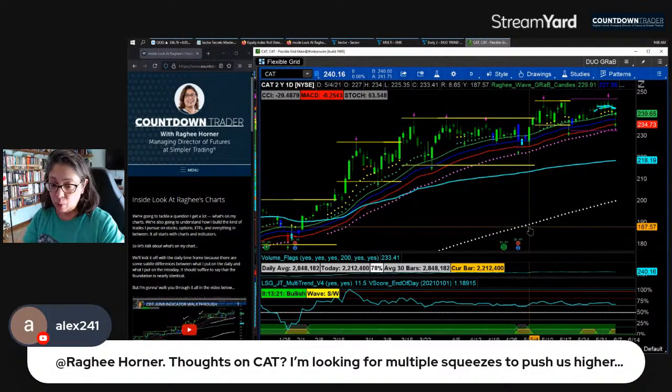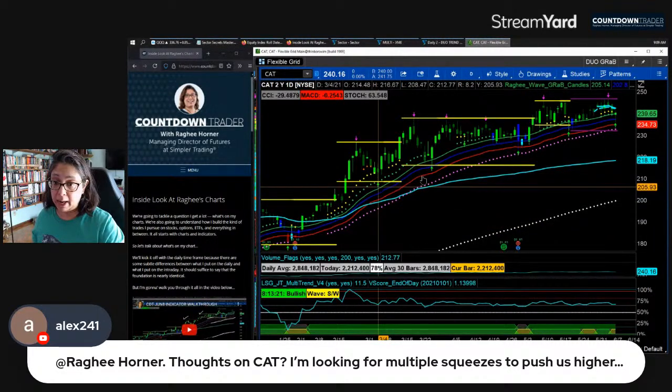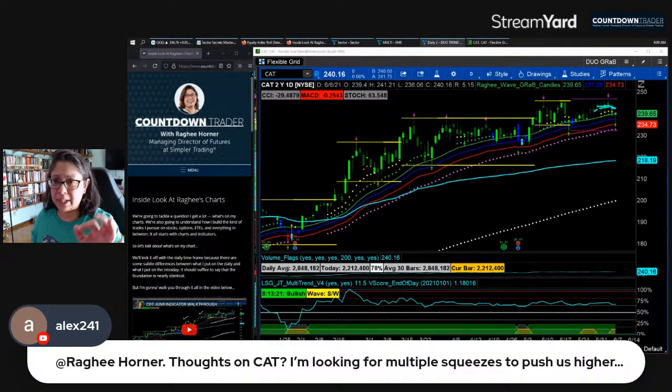In other words, where is CAT heavily weighted within the passive investing universe of ETFs? Take a look at that tide. Take a look at whether or not CAT is a relative outperformer. But I like CAT very much. CAT's been on the radar, and you can see even back in here, buy. Well, for those who may not be able to see those tiny little arrows, buy, buy, buy.